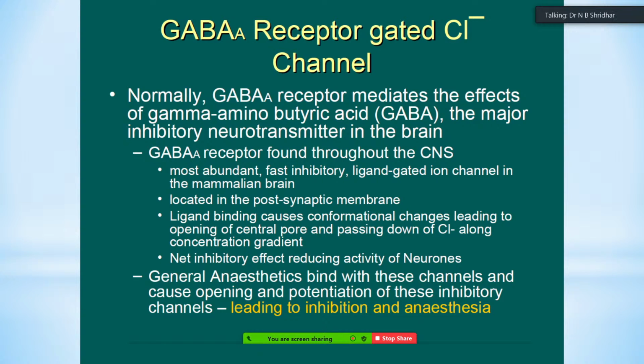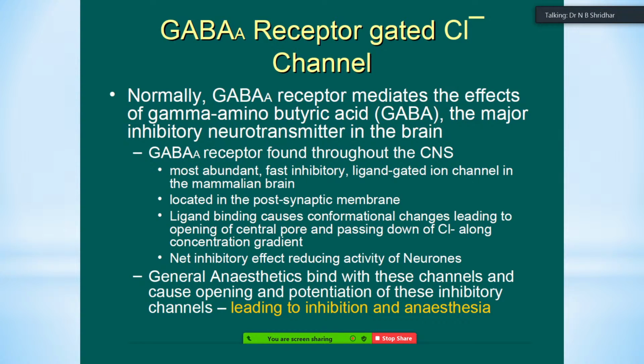This is located in the postsynaptic membrane, and ligand binding causes conformational changes leading to opening of the central pore of the chloride ion channel. The concentration gradient is there, so chloride moves inside, with a net inhibitory effect reducing the activity of the neurons.